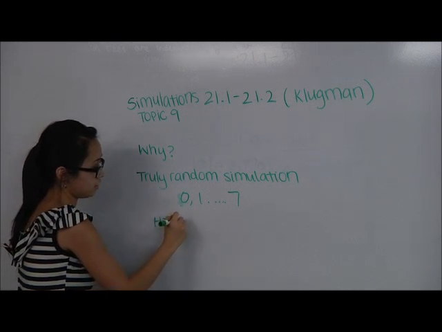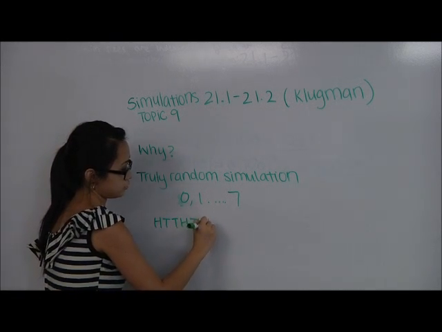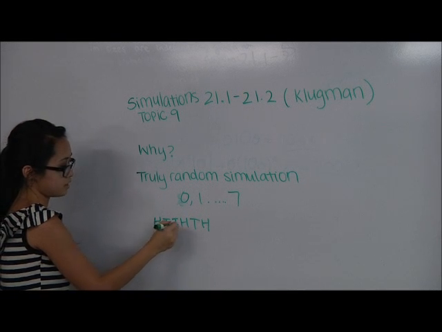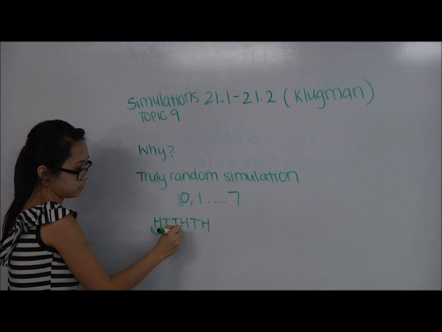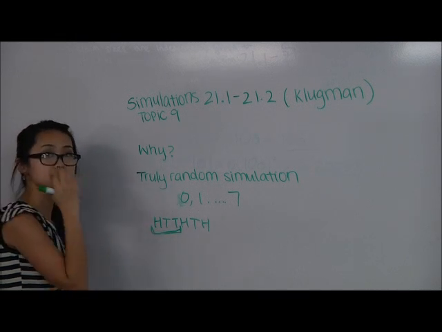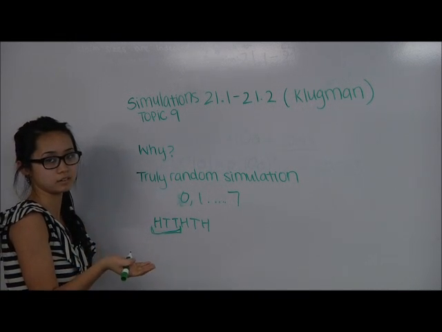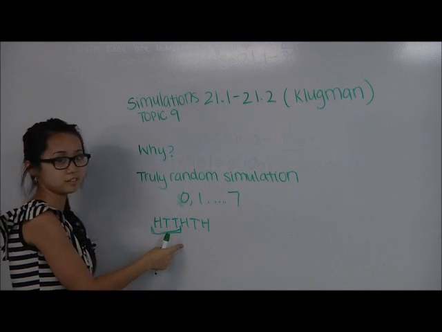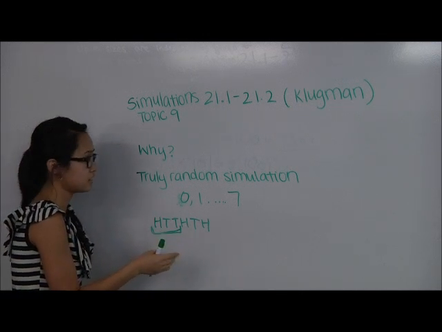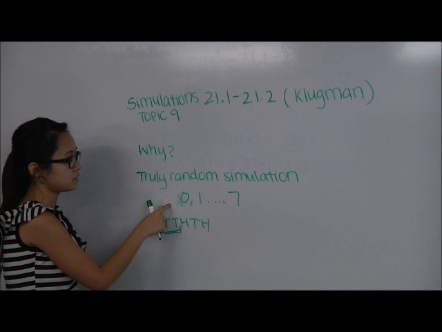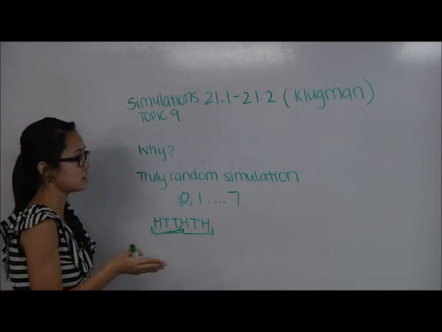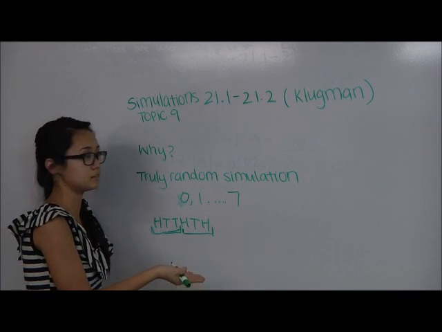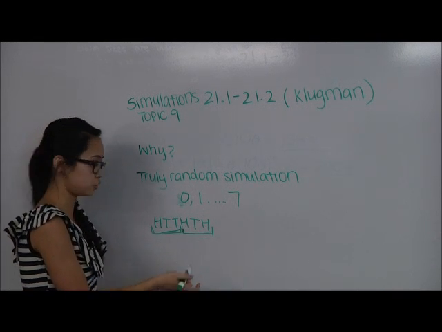If you have three tosses, then you have 8 different combinations of heads or tails, such as heads, tails, tails or heads, heads, tails. You can have each of these represent one of the numbers, and as long as your coin is unbiased, you can truly randomly simulate a discrete uniform distribution.